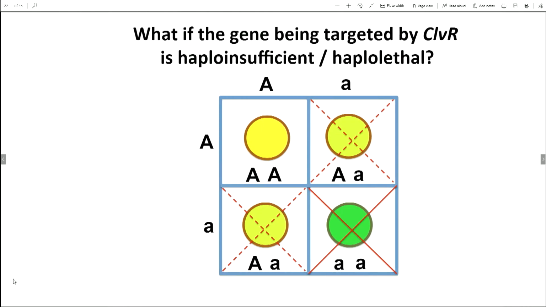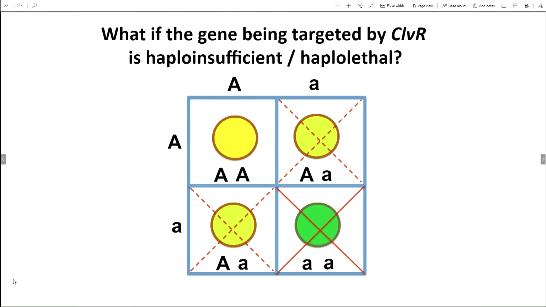Okay? Now, one final point before I get to a tiny bit of data, and that is let's imagine that the gene you're targeting is actually haploinsufficient or even haplolethal. Let's violate that initial condition I was mentioning. And it turns out that doesn't actually matter very much.